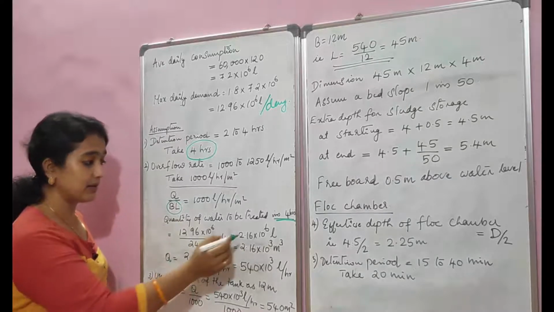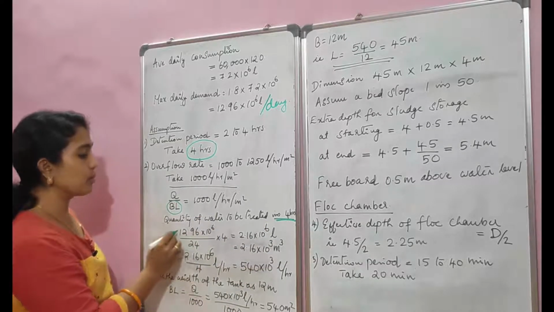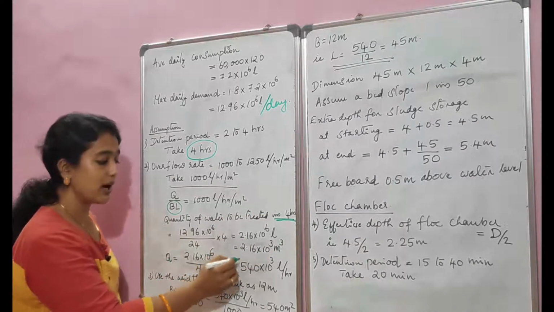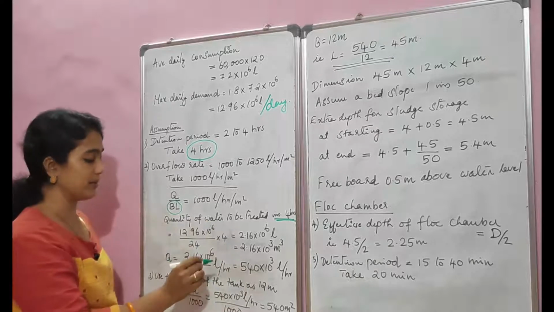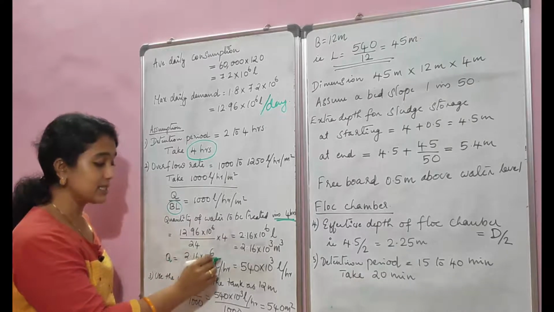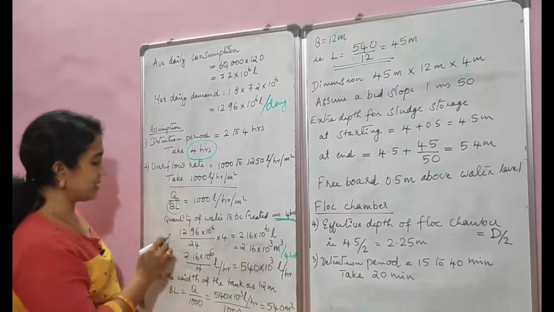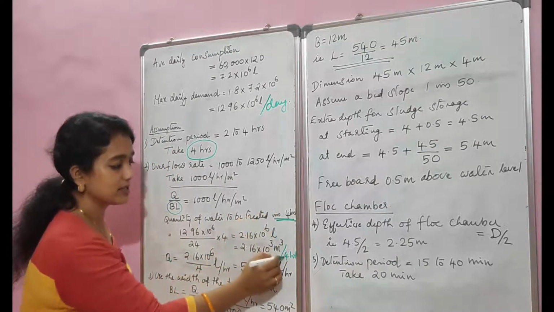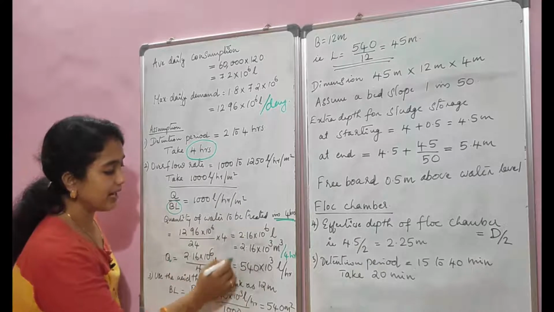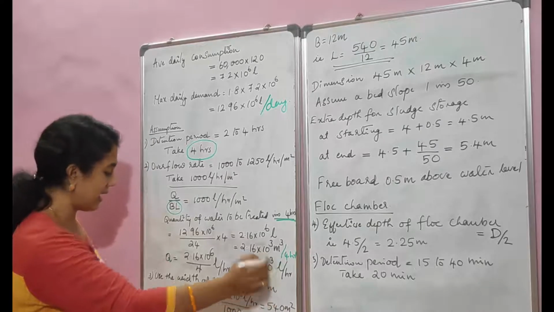The quantity of water to be treated in 4 hours divided by 4 will give you the quantity to be treated per hour. 2.16 into 10 raised to 6 divided by 4, in liters per hour. That is, the value is 540 into 10 raised to 3 liters per hour.